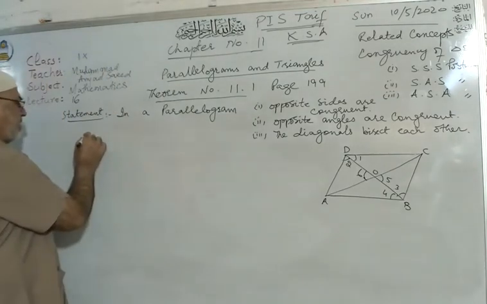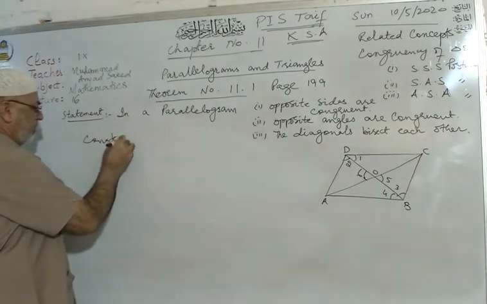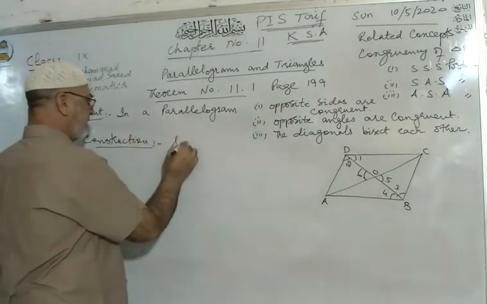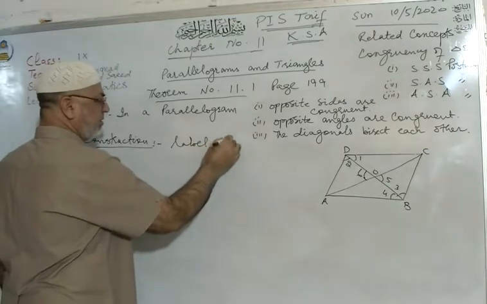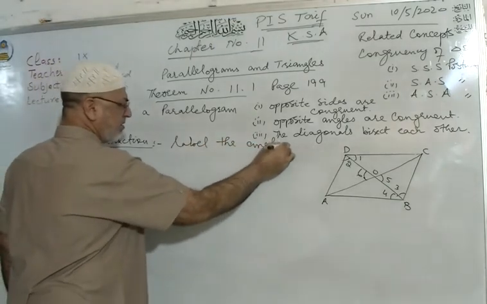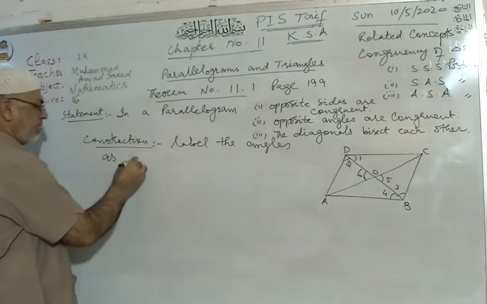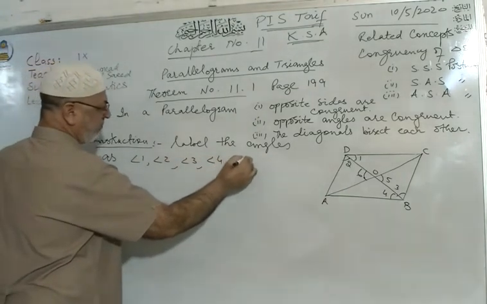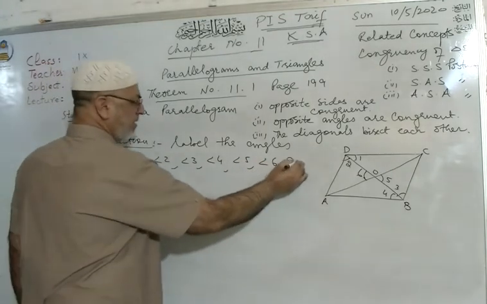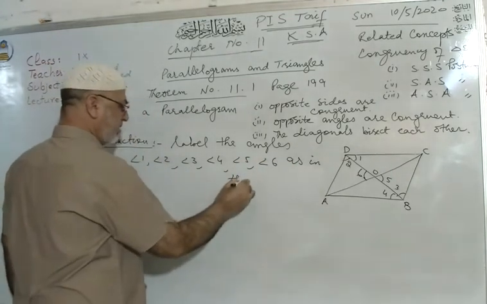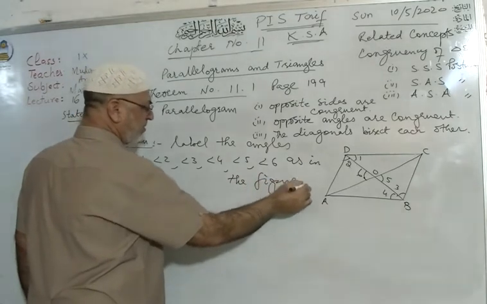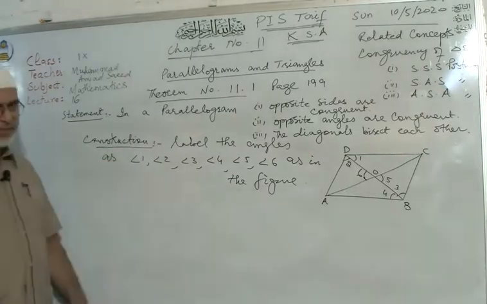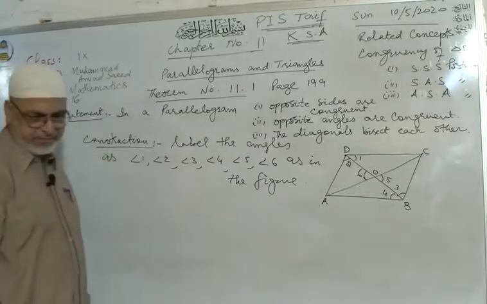What is construction? Label the angles as angle 1, angle 2, angle 3, angle 4, angle 5, angle 6 as in the figure. So this is construction.